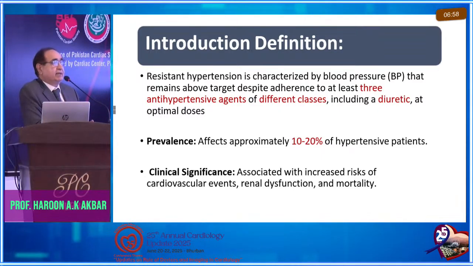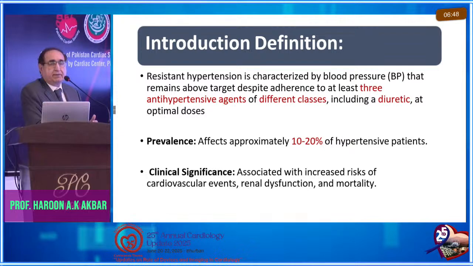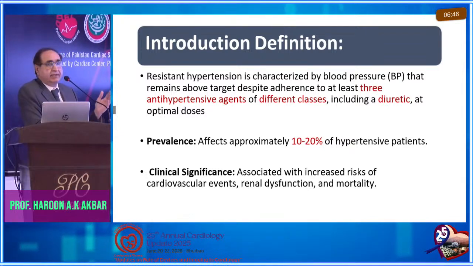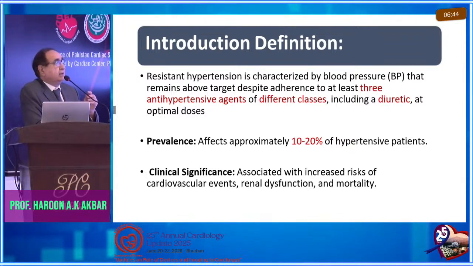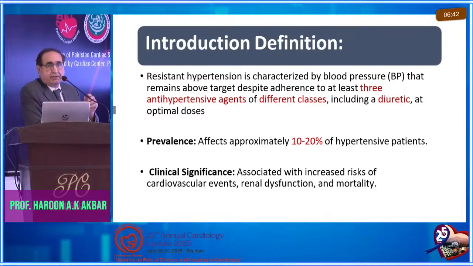So at least these 3 drugs should be on the menu, and if, in spite of optimal doses, the patient's blood pressure is not controlled, then that's where we call it resistant hypertension.